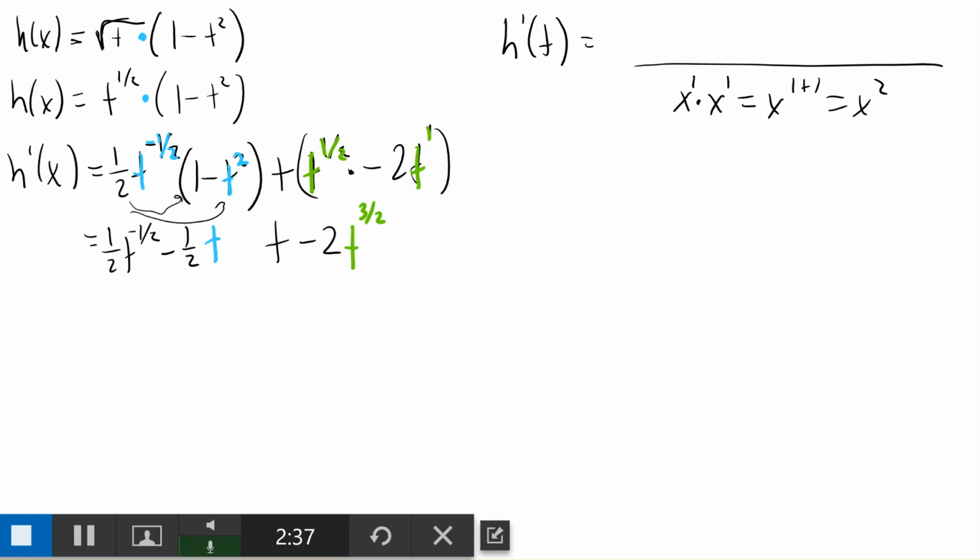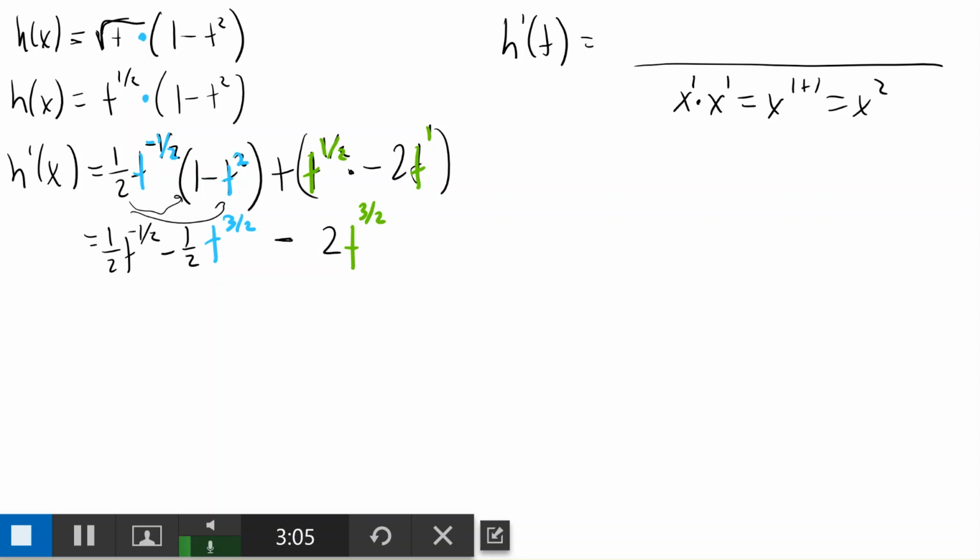I would want to add those exponents. So 2 plus negative 1/2 is like 2 minus 1/2, which would be 1.5, or as a fraction 3/2. Okay, and this is kind of sloppy, but this is a plus sign. Actually, I guess since it's plus a negative, I can just think of this as a minus.